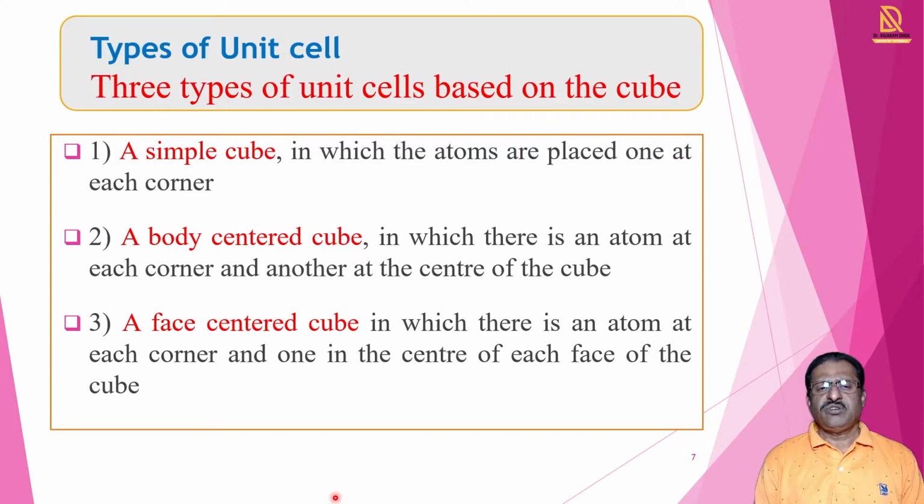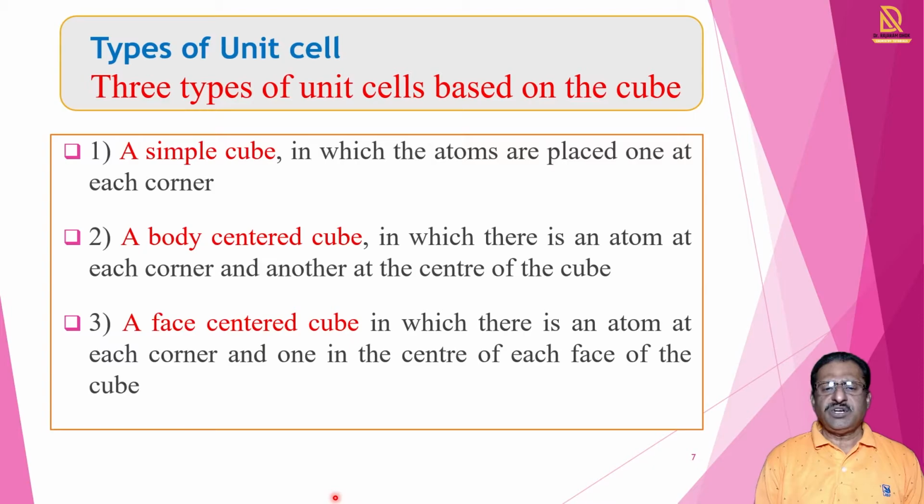On the basis of the shape of the unit shells, formed by different ions connected in a particular shape, unit shells are classified into three types. One is the simple cube. In the simple cube, the atoms are placed at each corner of the cube. The second type is the body centered cube.